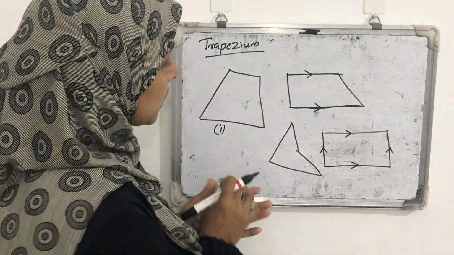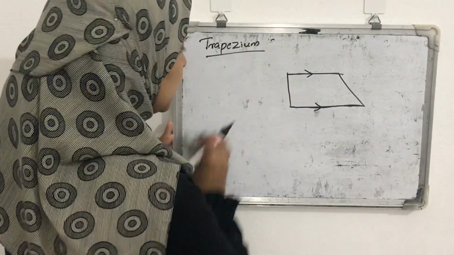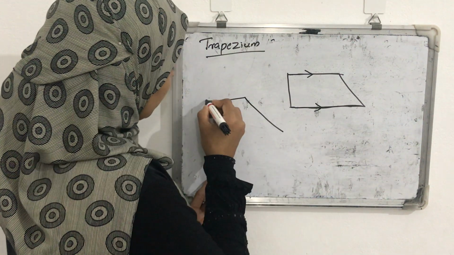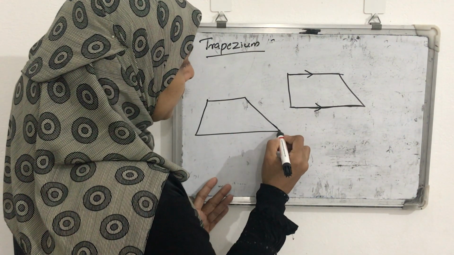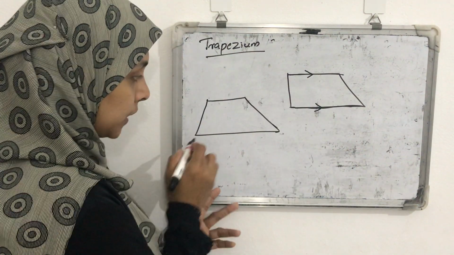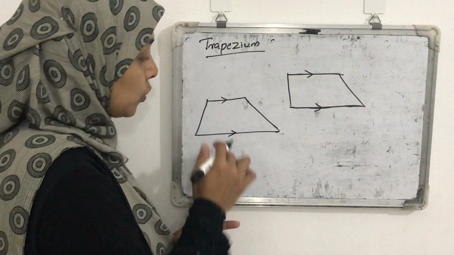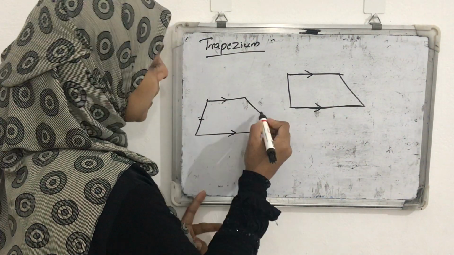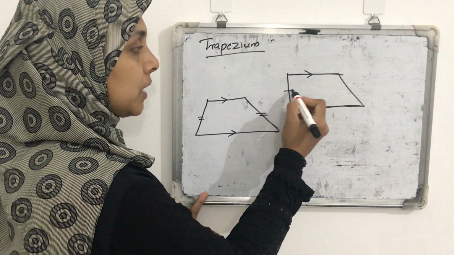Another case of trapezium is like this. This is one type of trapezium. This is also a trapezium, and this is another trapezium. In this case also these two sides are parallel, and these sides are equal. What about this? Is it equal to this?